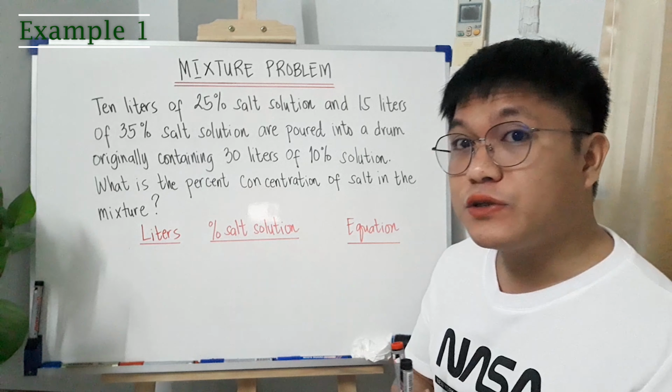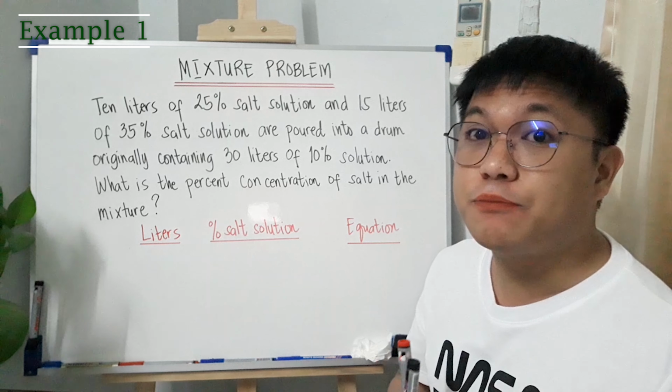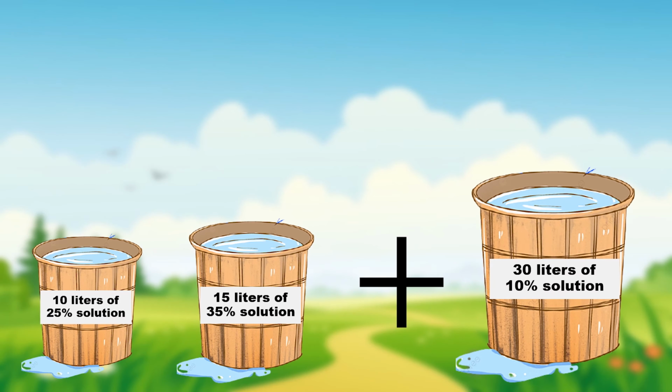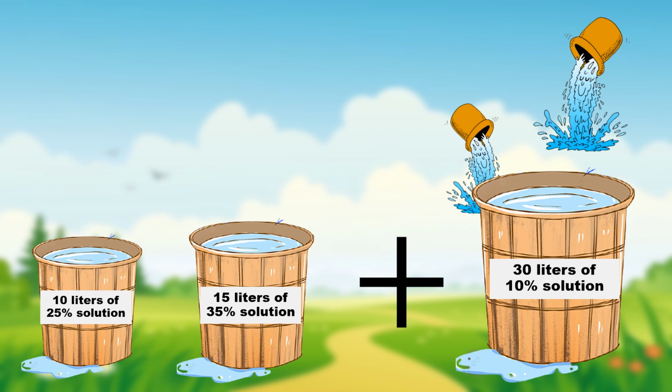Now, what we are going to do first is to understand the problem given. According to the problem, the drum originally contained 30 liters of 10% solution. But we are going to add another 10 liters of 25% salt solution and 15 liters of 35% salt solution.